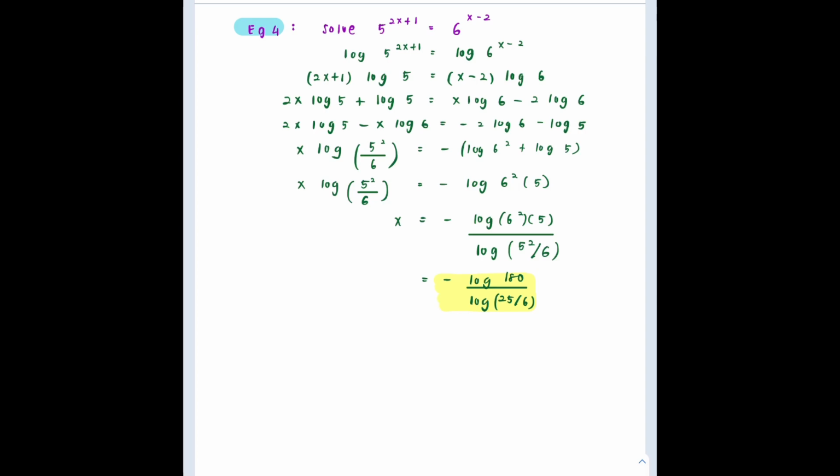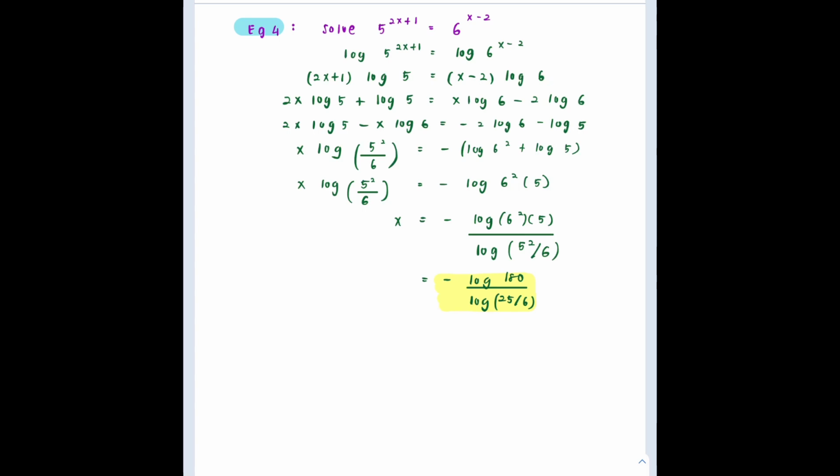Example number 4. Solve 5 to the power of 2x plus 1 equal to 6 to the power of x minus 2. You can see here you cannot have the same base, 5 and 6. So just add log to both sides, and then the power, just bring to the front using the properties of log. So (2x plus 1) log 5 is equal to (x minus 2) log 6.